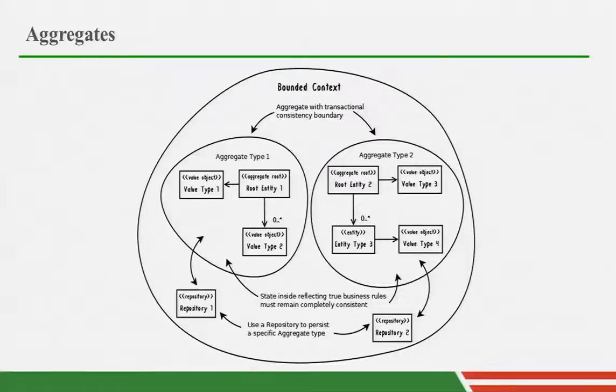Okay, but that's a persistence concept. What you're really concerned with in an aggregate is, what are the invariants? What are the true business rules? What has to be transactionally consistent needs to be within one aggregate.